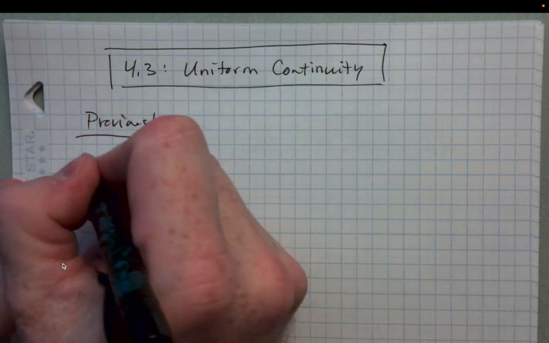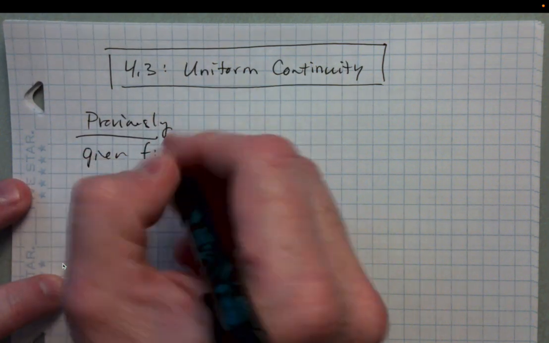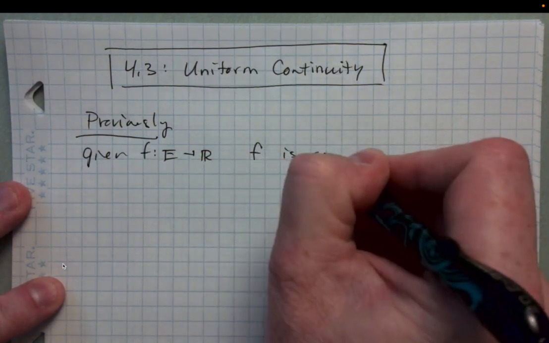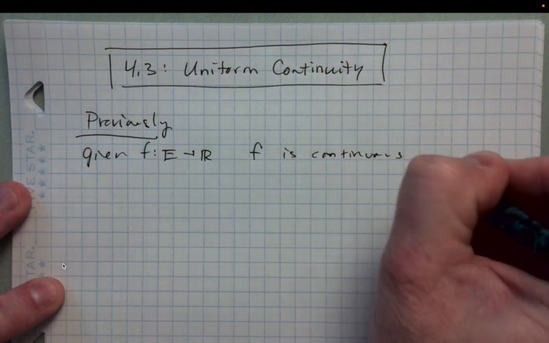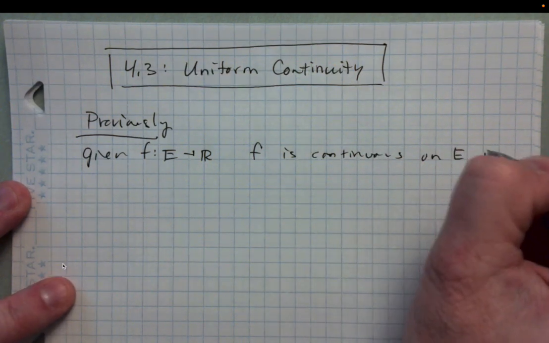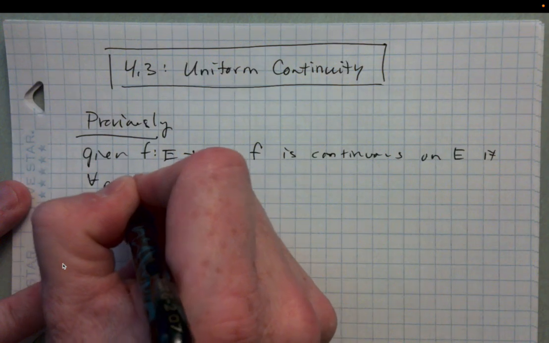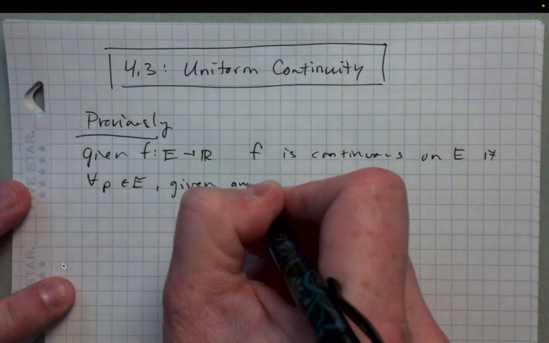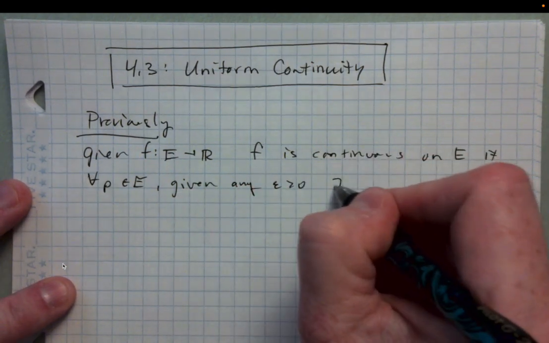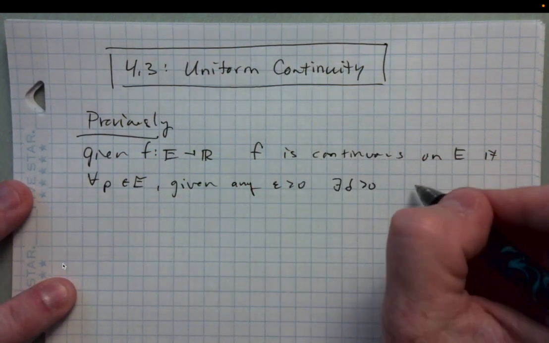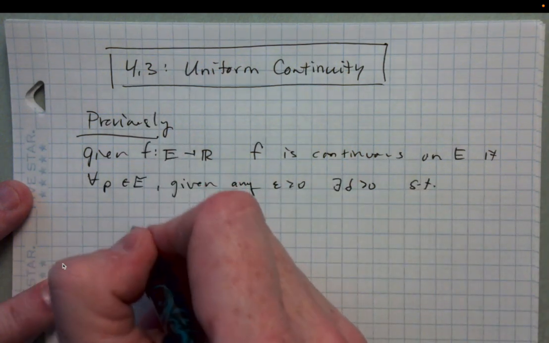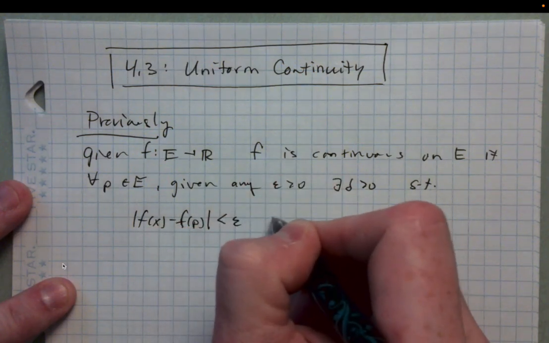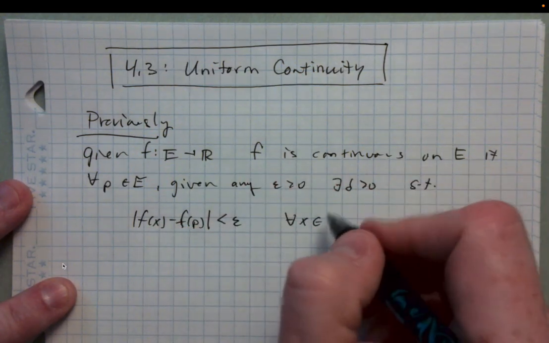We said that given a function f from E to R, f is continuous on E if, for all p in E, given any epsilon greater than 0, there exists a delta greater than 0 such that |f(x) - f(p)| is less than epsilon for all x in the delta neighborhood of p.